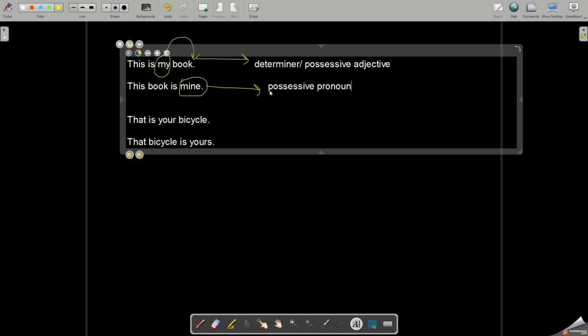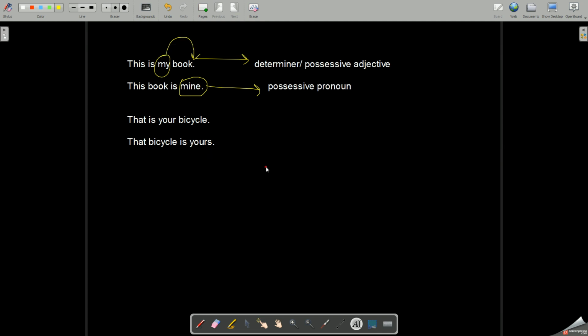So I'm representing ownership over here. That is your bicycle, so here it is again a determiner or a possessive adjective. That bicycle is yours, that becomes your possessive pronoun.